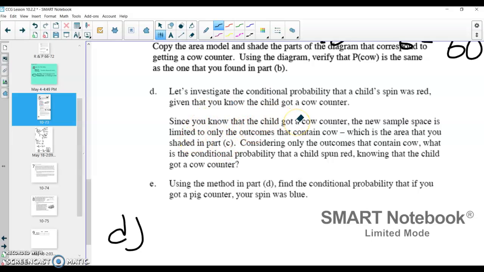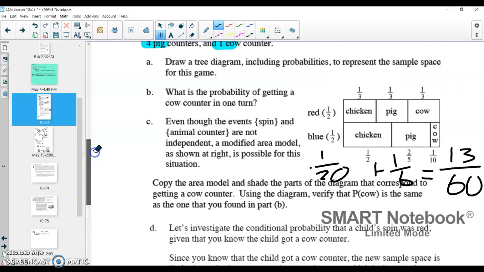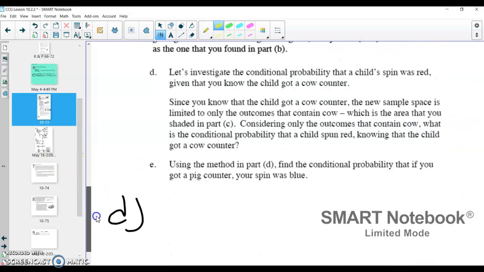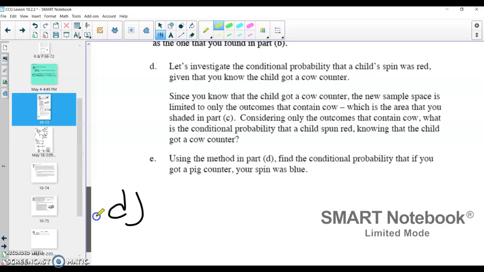Since you know that the child got a cow counter, the new sample space is limited to only the outcomes that contain cow, which is the area that you shaded in part C. I had it shaded but erased it, so I'm going to shade it again. We're limited to this new sample space of just cow here because we know that they got a cow. We just want to figure out what the probability would be that they got red with the cow.